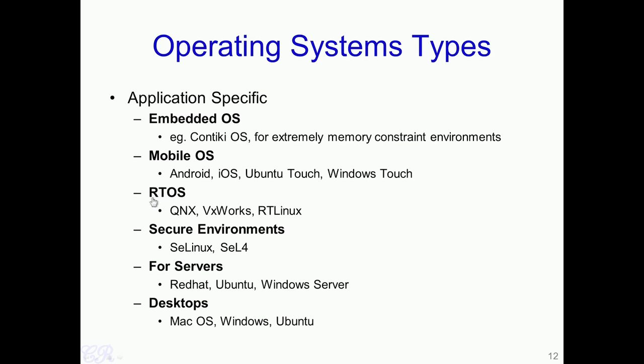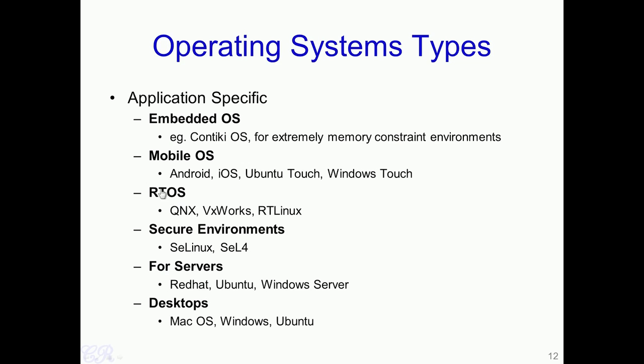A third type of operating system is the RTOS, or real time operating system. Examples of these are QNX, VxWorks and RT Linux. These operating systems are used in mission critical applications where time is very important.